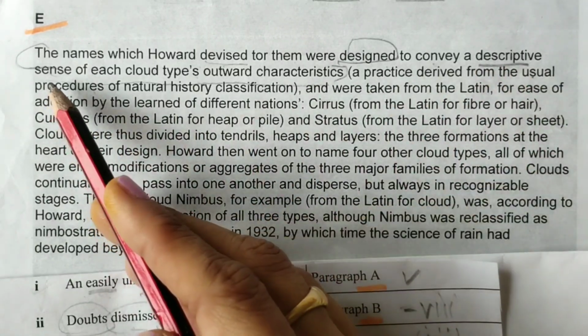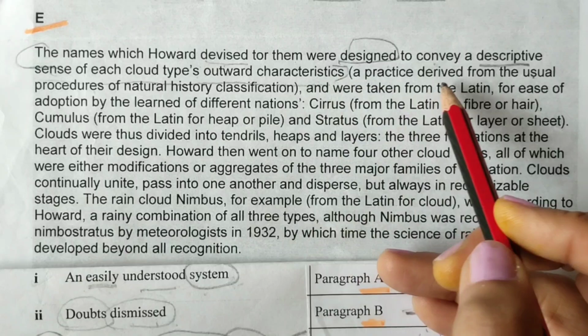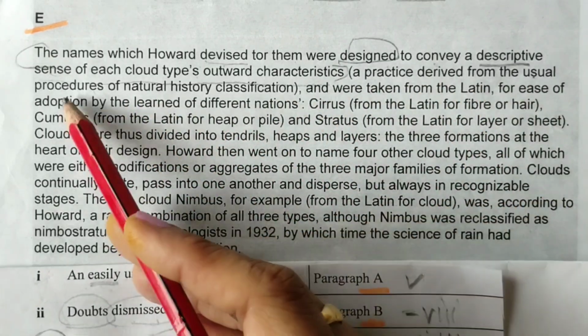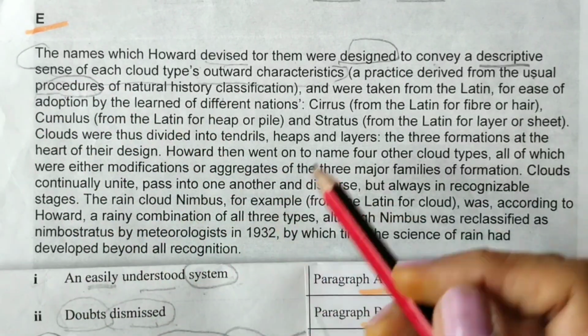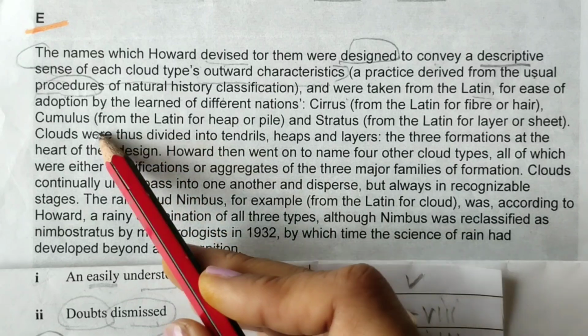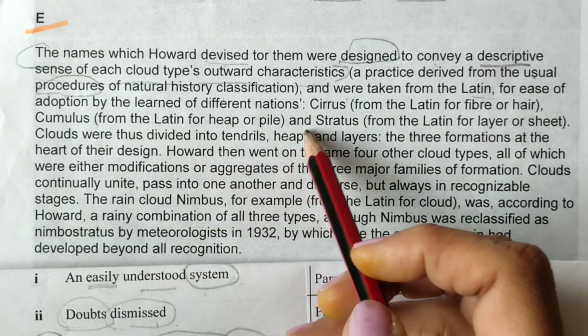Descriptive sense, some description, sense of each cloud type's outward characteristic, and practice derived from the usual procedures. Procedure is also their natural history classification and were taken from the Latin. So you can read it and see where it is finishing.